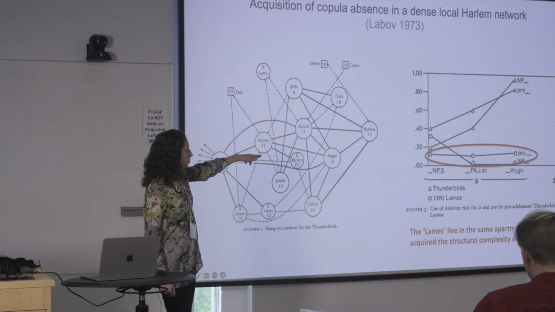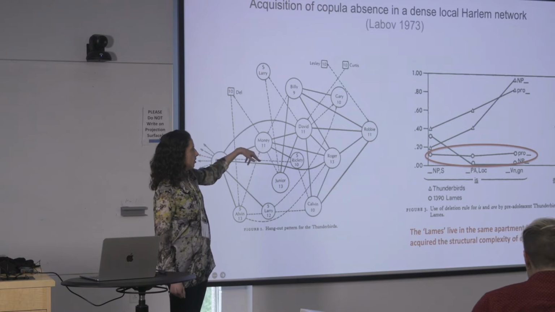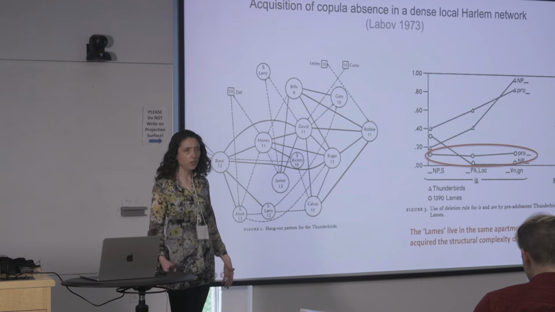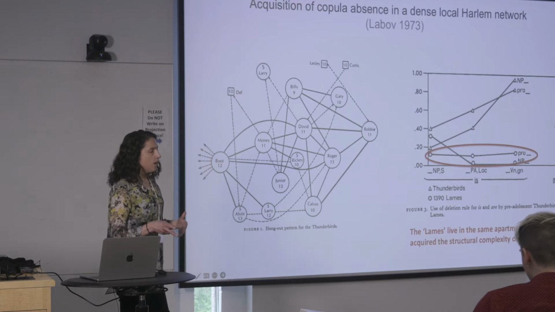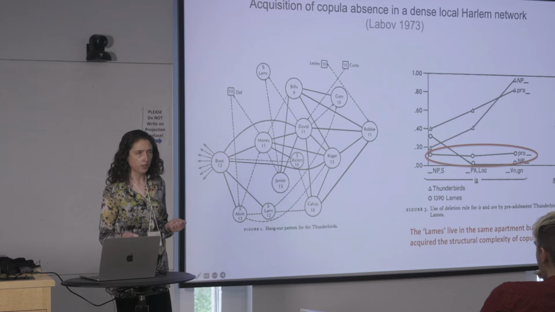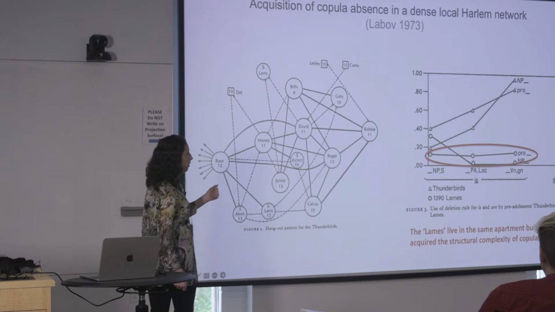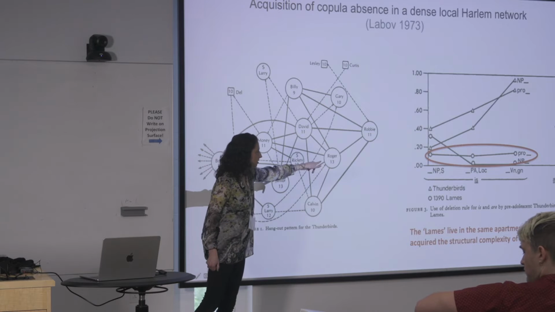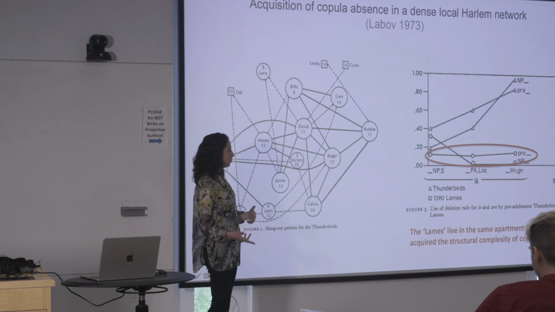And if you look at the 2 lines on the top with the triangles, those are the core members of this Harlem apartment building network using copula absence. And the pattern that they are showing there with respect to the grammatical category that comes after the copula, so on the far left, that means noun phrase like, she's a swimmer.